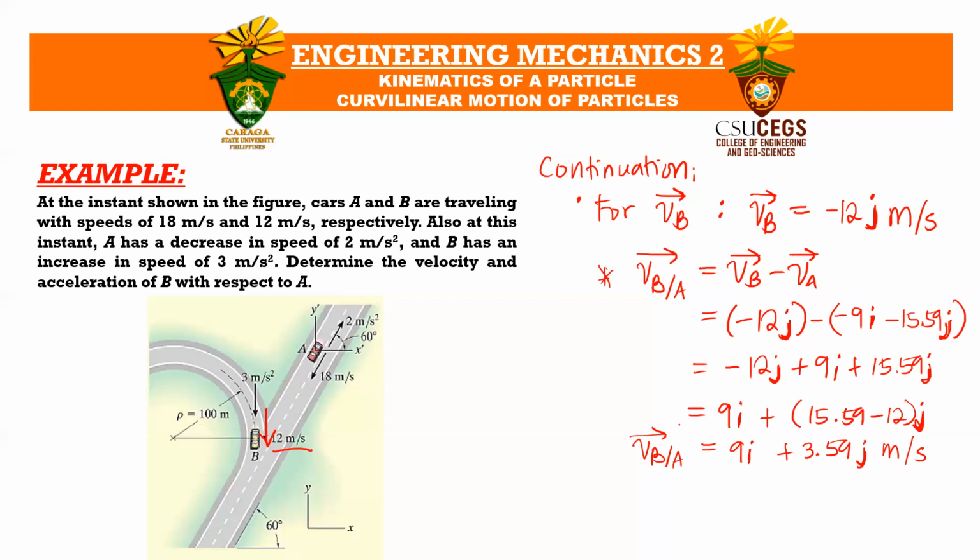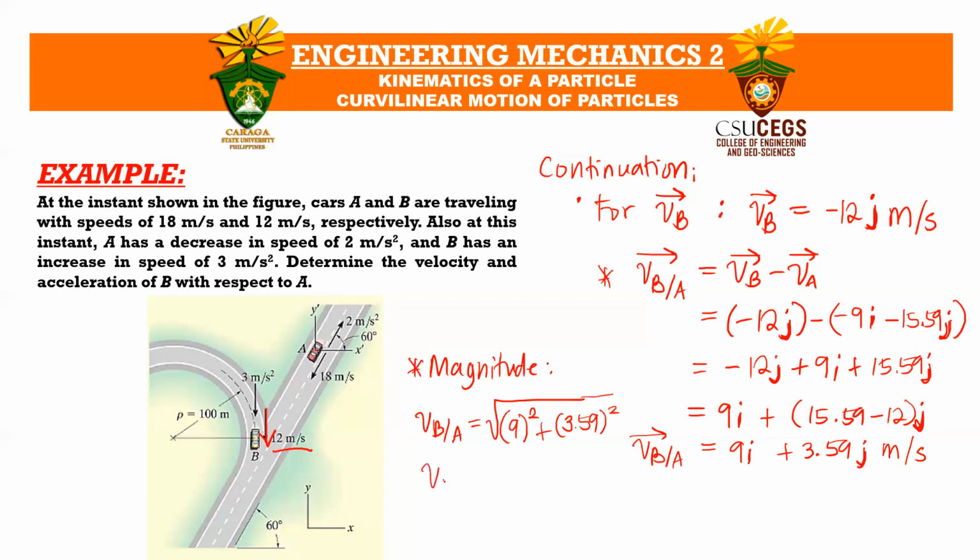So the answer that we have here is in vector form, so we can determine the magnitude and at the same time the direction. So for the magnitude, using the Pythagorean theorem, that would be equal to the square root of your x component squared, which is 9 squared, plus the y component squared, which is 3.59 squared.